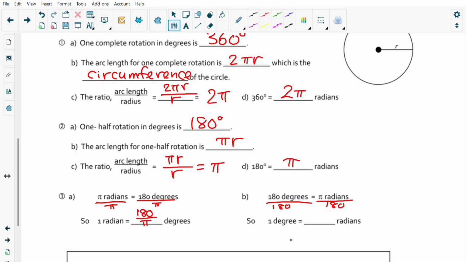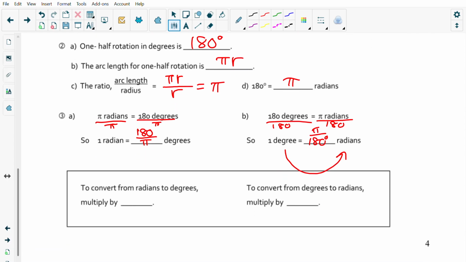So my conversion factor to go from degrees to radians is pi over 180 degrees. To convert from radians to degrees, multiply by 180 degrees divided by pi. To convert from degrees to radians, multiply by pi over 180 degrees.